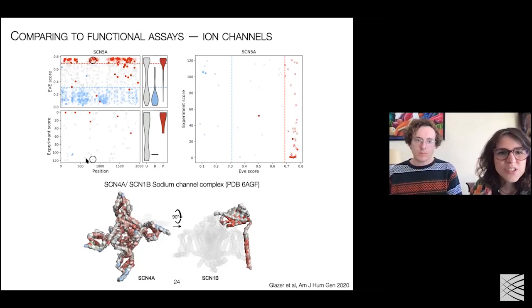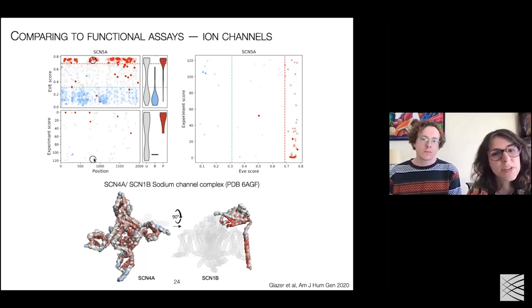Another interesting point is that some variants, for example this one, were picked up as benign in the experiment, but even so, the authors suggested that maybe this was a gain of function case.